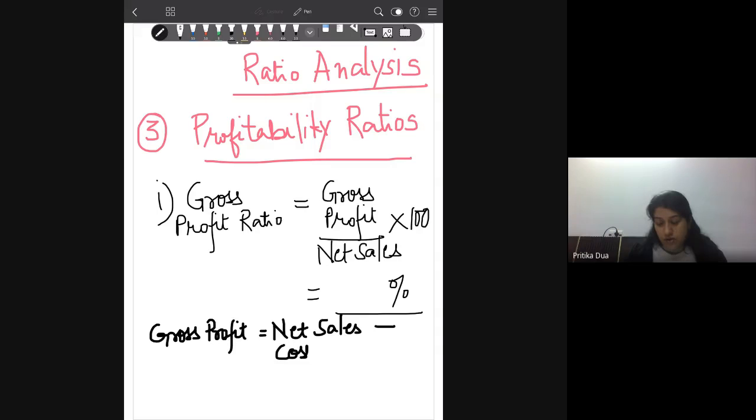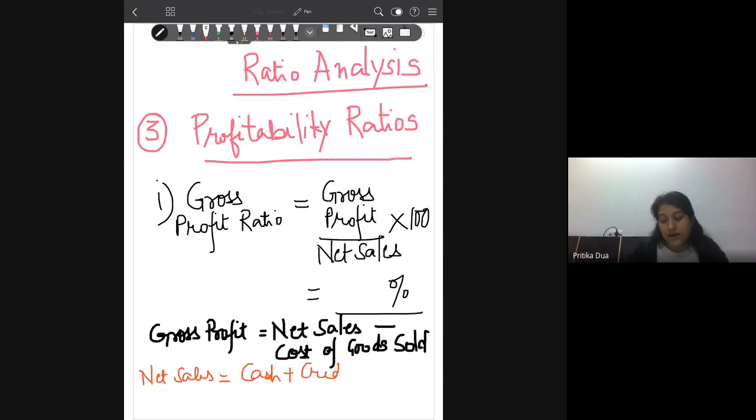So the formula for gross profit is net sales minus cost of goods sold. And how do we calculate net sales? Net sales are your total sales, which is cash plus credit sales, minus sales return.